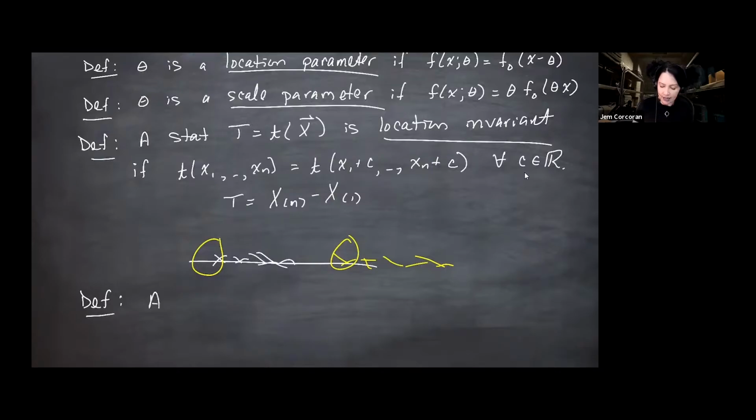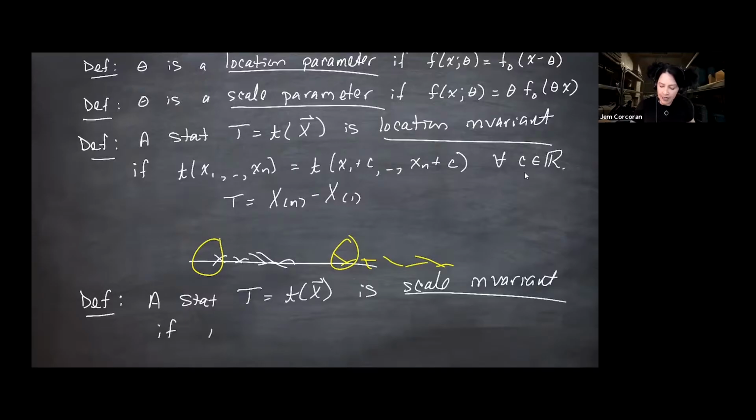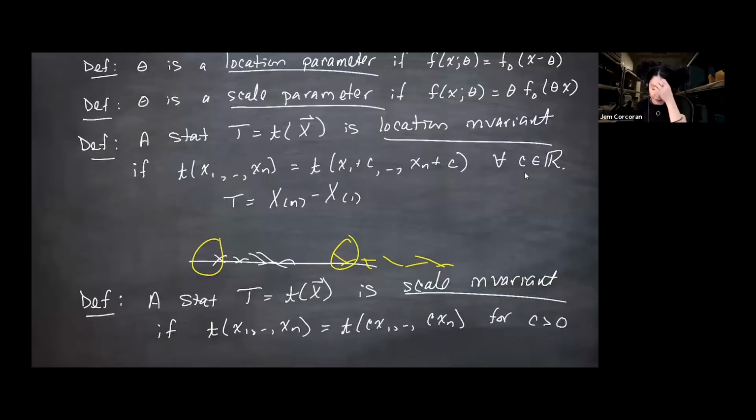Okay, and the final thing I have to refresh is the idea of a scale invariant statistic. A statistic T is scale invariant if t(x1 through xn) is the same thing as t(cx1 through cxn) for c greater than 0.